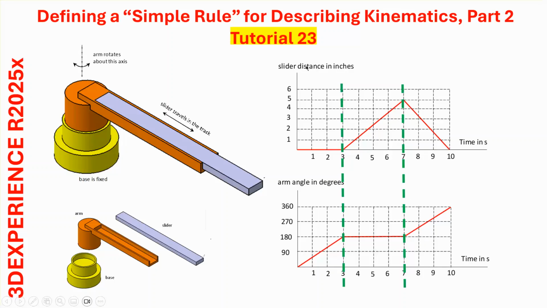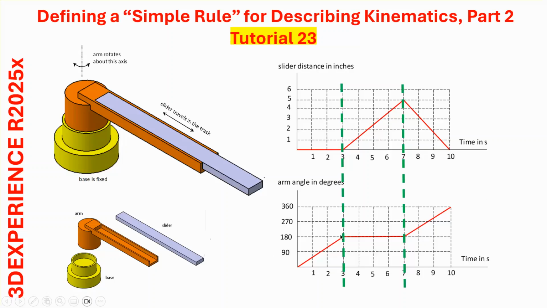Tutorial 24 is going to be where these breakpoints are not necessarily the same. For example, when this was, let's say, 3 seconds, the arm keeps turning. If you want to do it the way it's described in this tutorial, there's going to be a lot of lines in that code because you have to break down into different intervals of time.